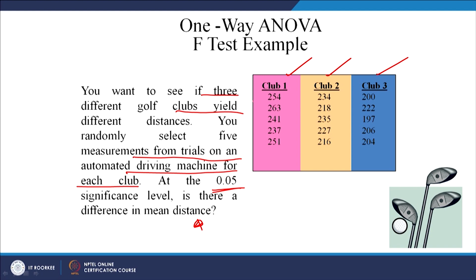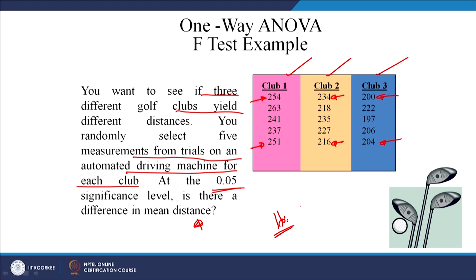For club 1, the first is 254, last is 251. For club 2, 234, 216. Club 3, 200, 204. Now, in all these 3 groups you have got an equal number of samples, right. So, what would be the null hypothesis and what would be the alternative hypothesis? H naught is equal to what?